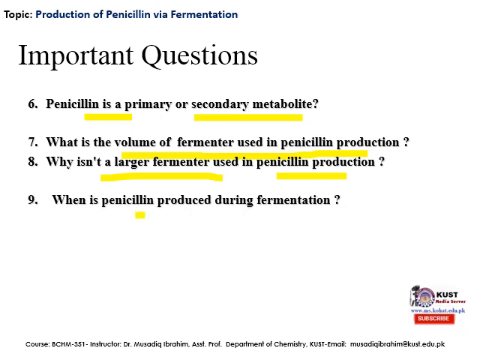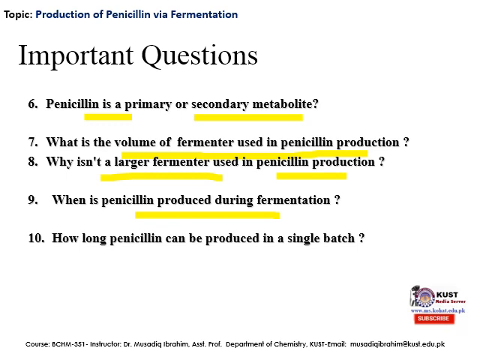And when is penicillin produced during fermentation? As penicillin is a secondary metabolite, you know when secondary metabolites start to be produced. And how long can penicillin be produced in a single batch? You should be able to answer that as well.